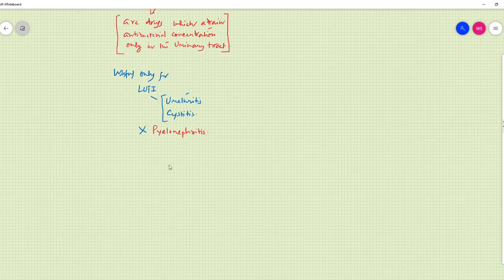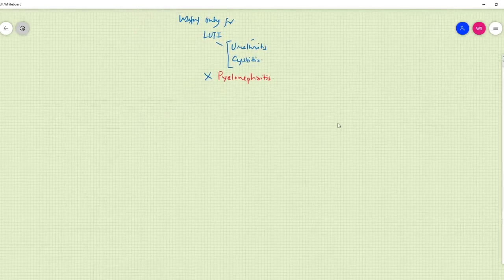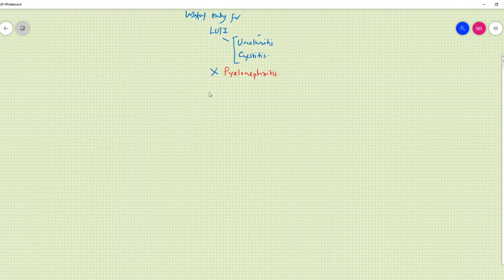So what are the drugs that we are talking about? The most important urinary antiseptics are nalidixic acid, then nitrofurantoin. We talked about an analgesic agent which was also a urinary antiseptic. What was the name?